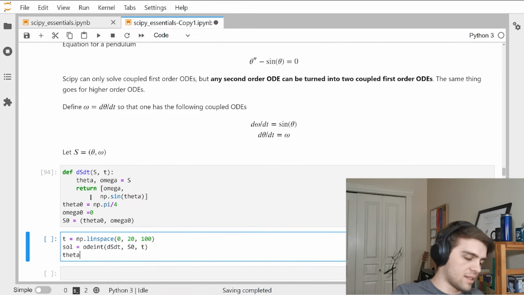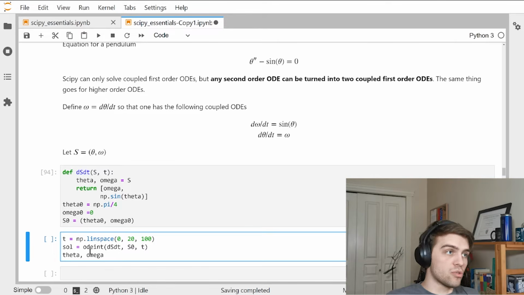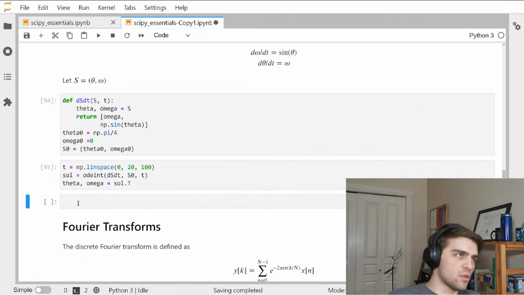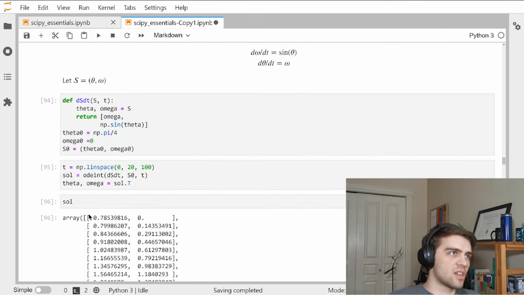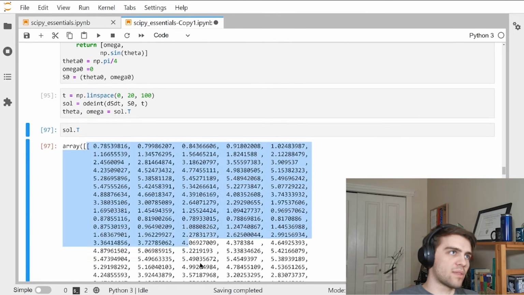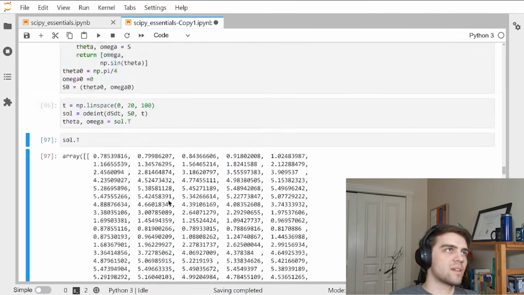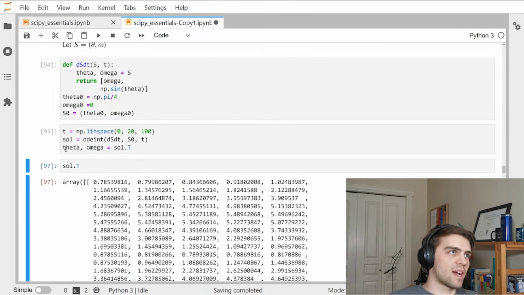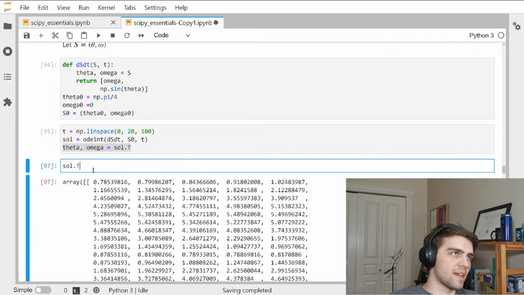And then theta comma omega, this is the solution, is equal to sol.T. If you're confused about this last line, remember that sol is just this. sol.T is the transpose, so this gives me my thetas, this gives me my omegas. Theta is the first component of s. And then I can extract them like this from this 2D array. And then I can plot them.